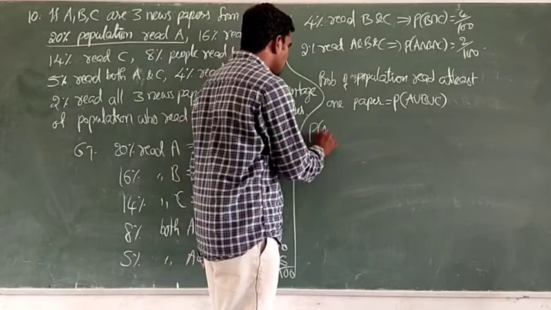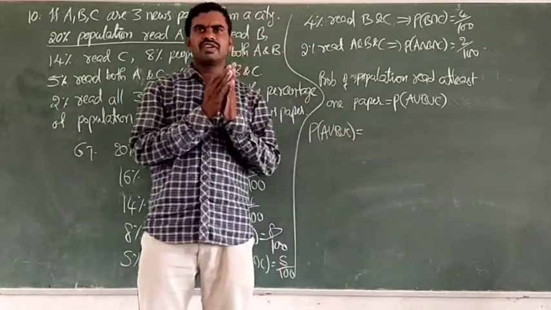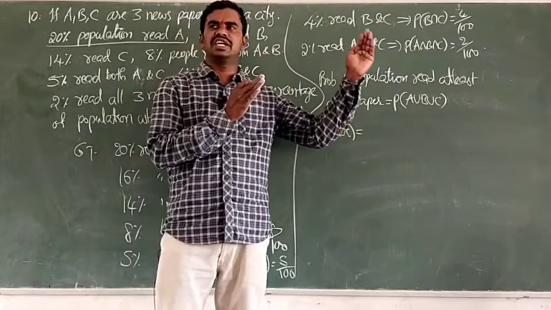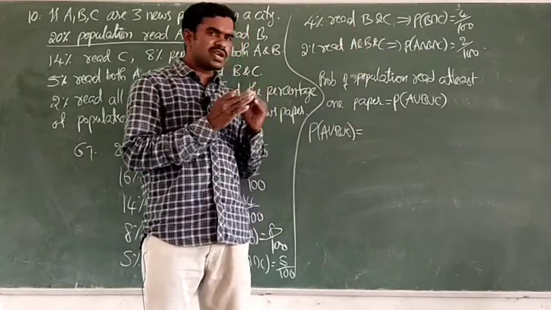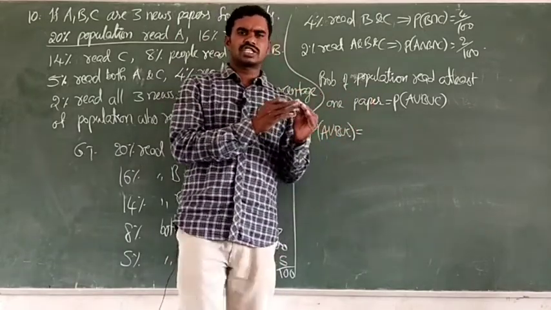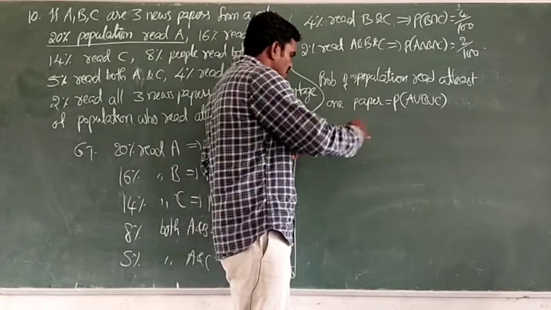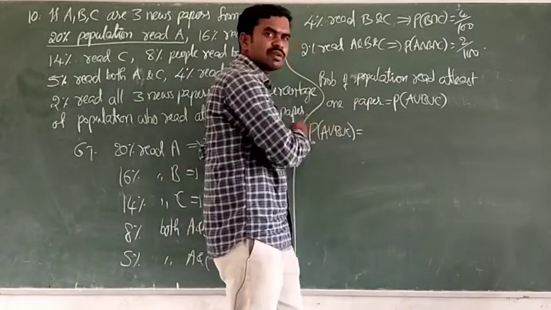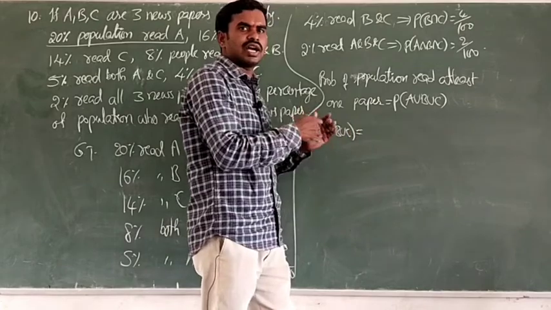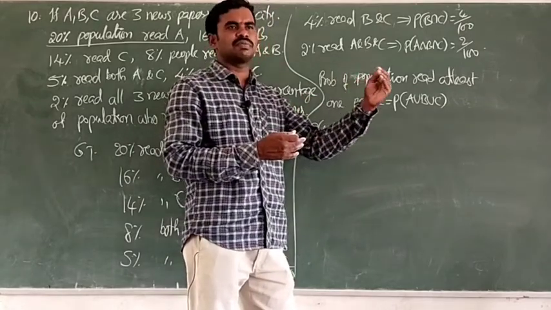P of A union B is P of A plus P of B minus P of A intersection B. Similarly for P of A union B union C, in the next problem, the 4 marks one, I will tell you how to prove that. Here, this is a formula you must remember. Like the addition theorem on probability, P of A union B equals P of A plus P of B minus P of A intersection B.